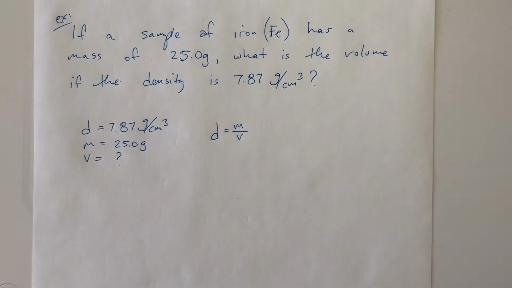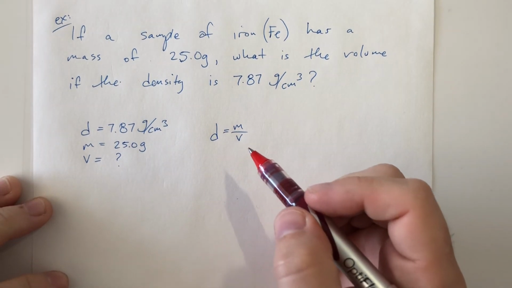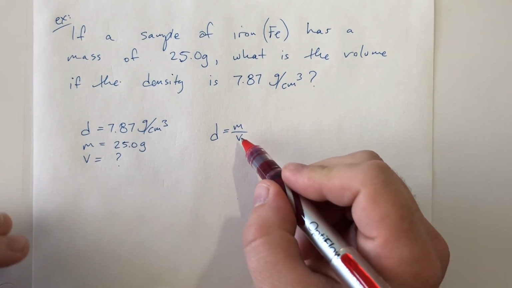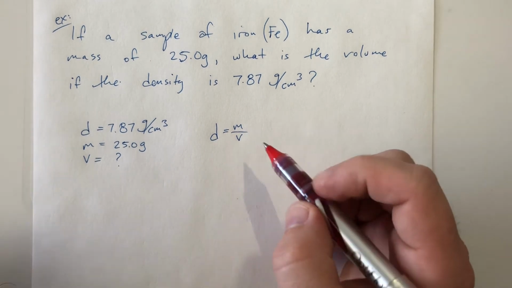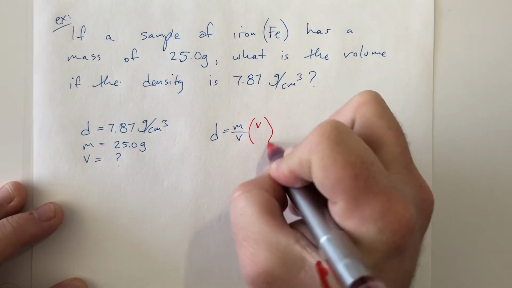The most expected option is to just do a bunch of algebra and solve for V. I'll show all my work. I want to solve for V. I need it to be not in the bottom and all by itself on one side of this equal sign. So to get it out of the bottom, whatever I do to one side, I have to do to the other side.